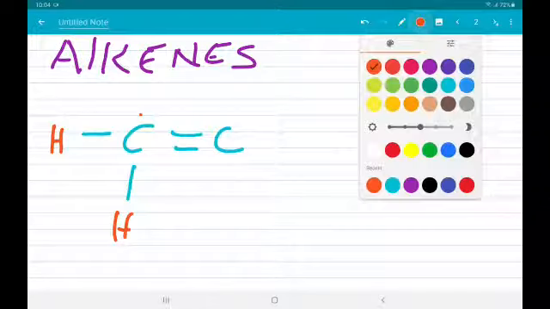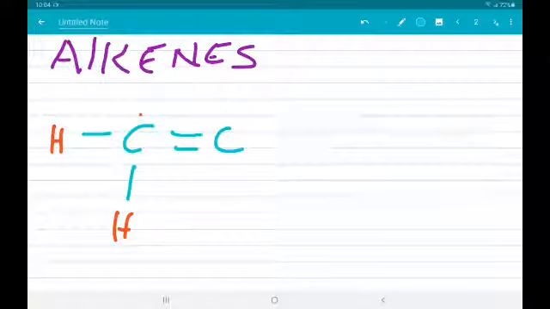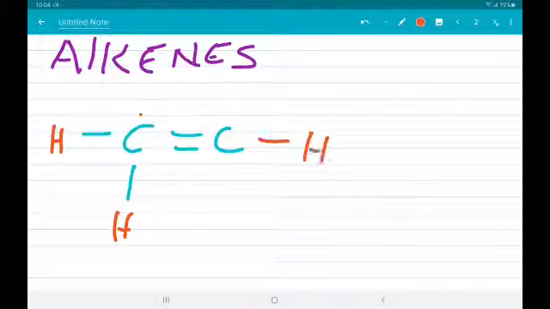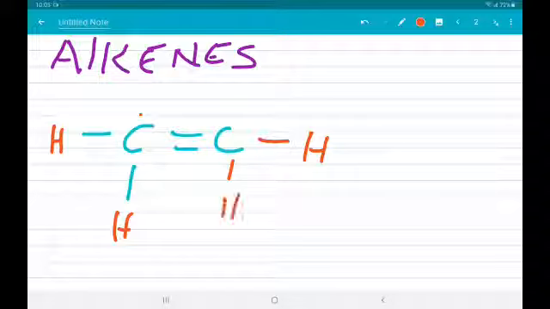Then similarly, if I continue with the second carbon, suppose the hydrocarbon is only of two carbons, then the chain will end up linking to one more hydrogen atom. Now see, if it is linked to one more hydrogen, how many electrons are satisfied? 3. So one more is needed. Now count 1, 2, 3, 4.